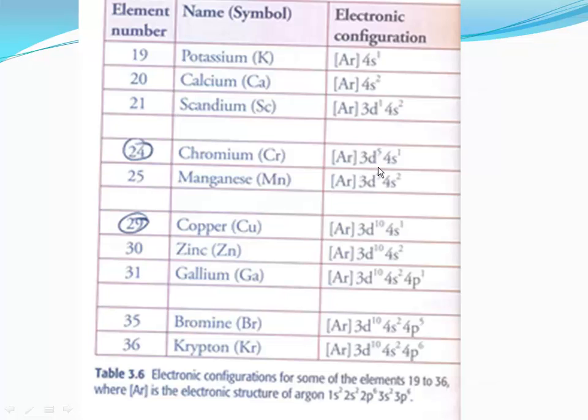In chromium, the 3d5 actually gets filled up before the 4s. So basically 1 electron gets moved into the d block and you're left with the 4s1. Copper is the same thing. Once the d block gets filled up, it takes away from the 4s, so the 4s is not completely filled.